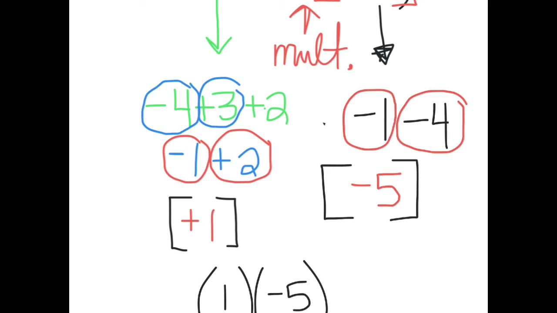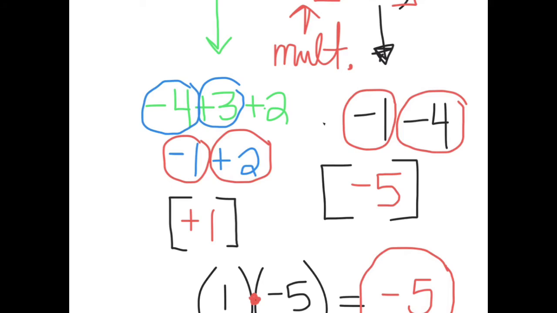This is going to be a multiply. So -1 times -5, the operation here is multiply. +1 times -5. Well, a positive times a negative is a negative, and really anything times 1 is that number.